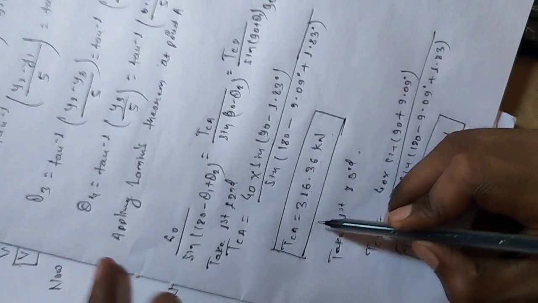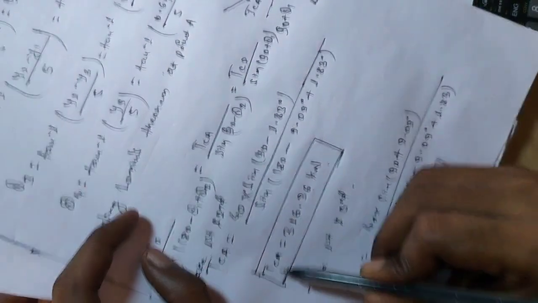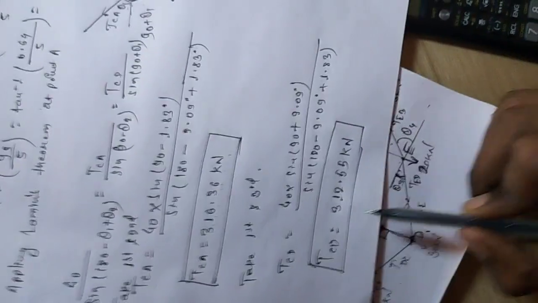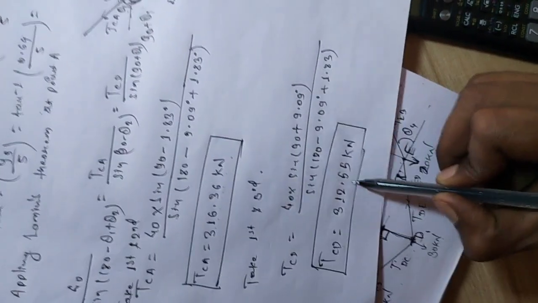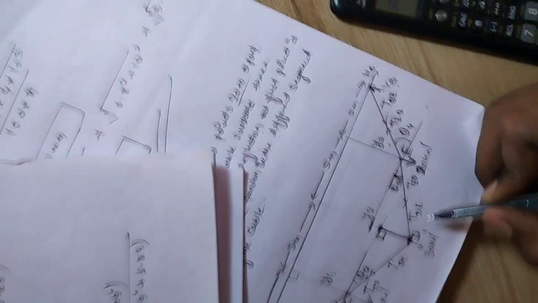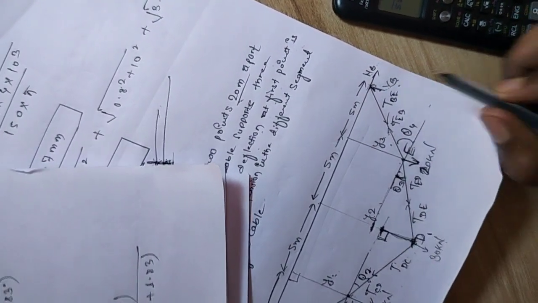Now we got the two tensions on the cables: tension on the cable CA 316.36 and the tension on the cable CD equal to 312.55. Now it remains to find the tension on the cable CE and the cable EB.